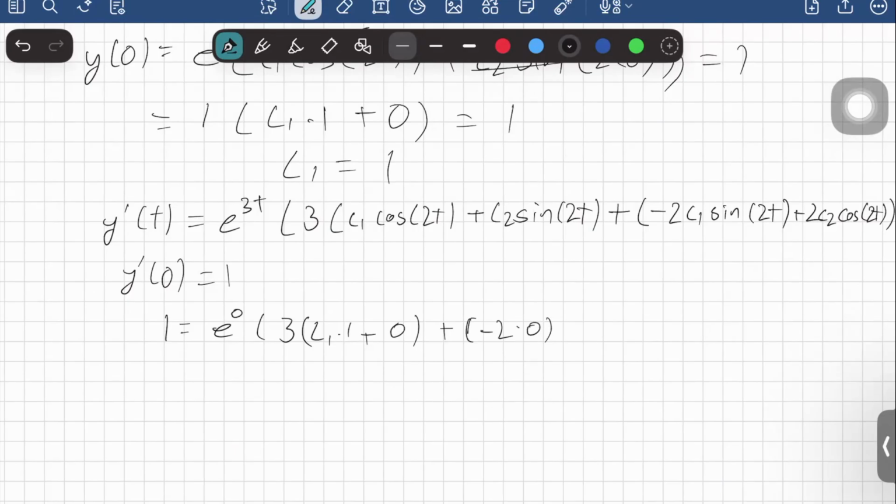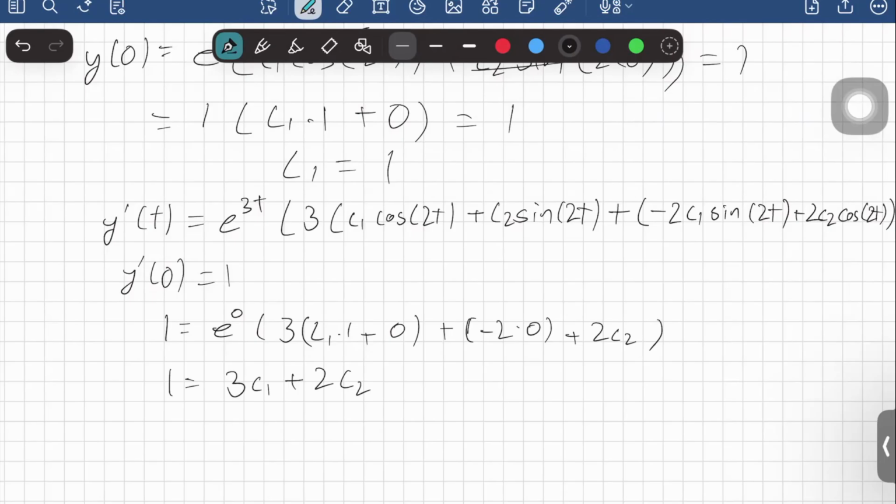Then we have 2c2 cosine of 0, which is 1, so we have 2c2. So 1 equals 3c1 plus 2c2, and what we found previously was c1 is equal to 1, right?